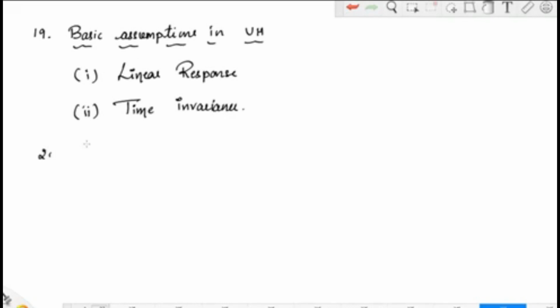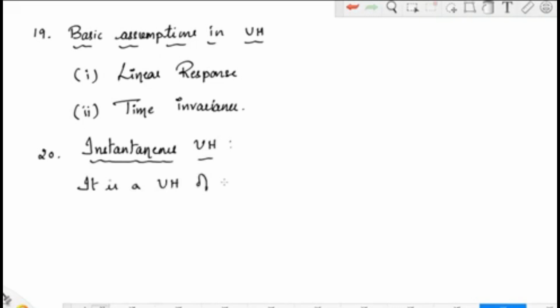Twentieth point, instantaneous unit hydrograph. It is a unit hydrograph of shortest possible duration. Next point.